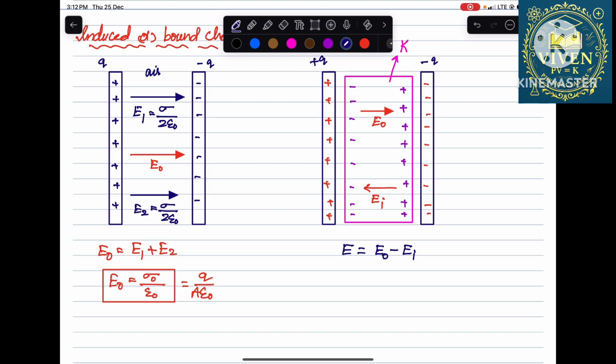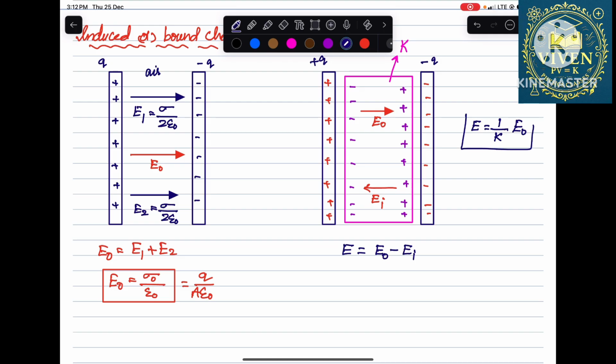When we learned about force using Coulomb's law and electric field, kQ by r squared, where k is 1 by 4 pi epsilon naught, in a medium it is 1 by 4 pi epsilon, that is epsilon r into epsilon naught, where epsilon r is called the dielectric constant. Using that, I can write E as 1 by K into the original electric field E naught.